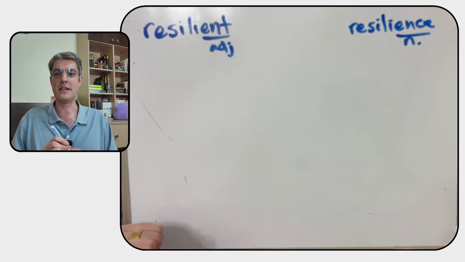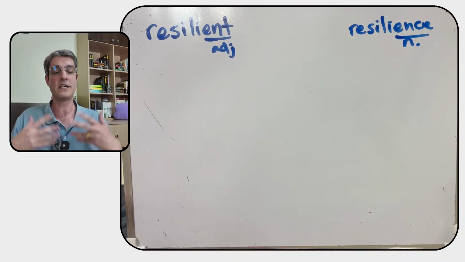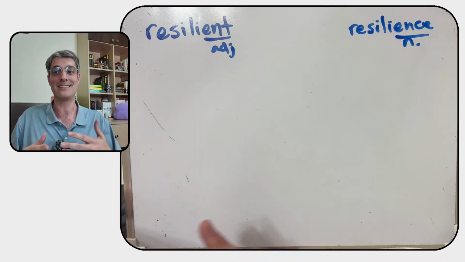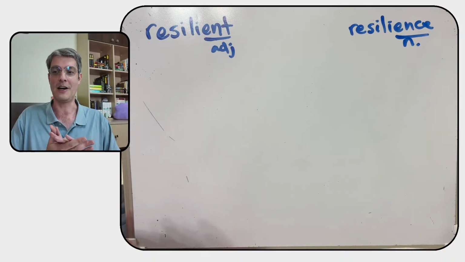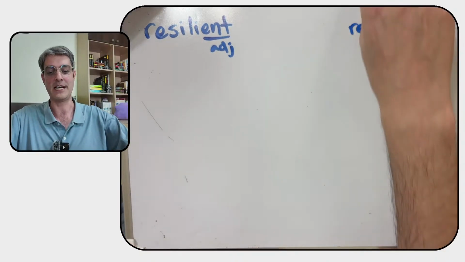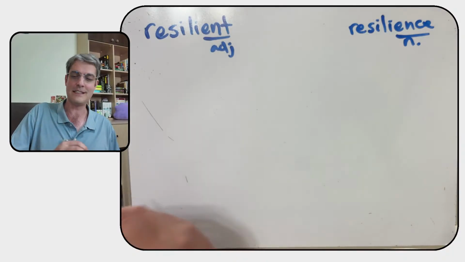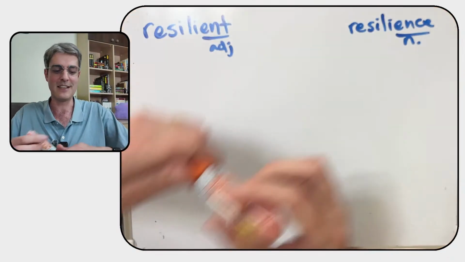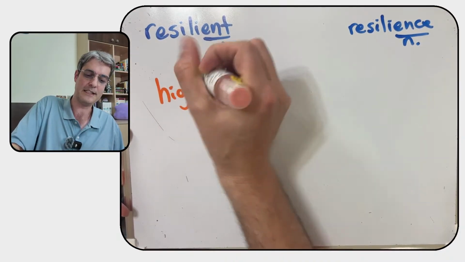All right, so when we're talking about being resilient, it means to be able to recover quickly from a difficulty. And resilience is just the ability to recover or get better from any challenge, right? Or illness. So often, instead of saying very resilient, we'll use the collocation, let's go with orange, highly, to be highly resilient.